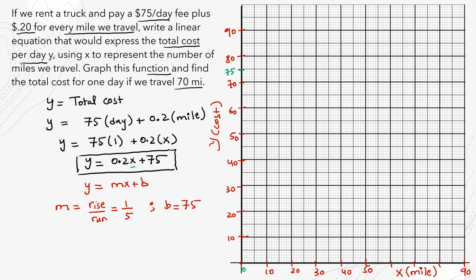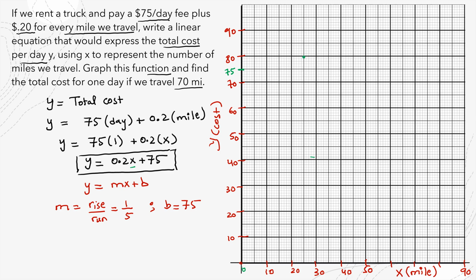Next, I have to identify the points on the graph using my slope. So here you can see I am given rise over run, that is 1 over 5. In other words, I am moving 5 blocks horizontally and moving 1 block vertically. So I'm just rising 1 block and running 5 blocks. So let's see, we can identify some of these points here. 1, 2, 3, 4, 5, and 1 up.